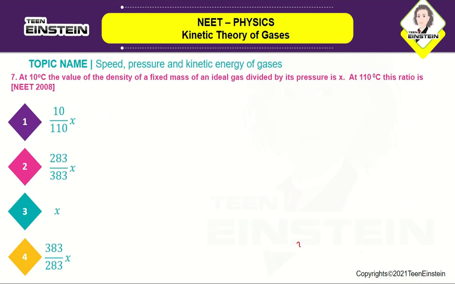At 10 degree Celsius, the value of density of a fixed mass of an ideal gas divided by its pressure is x. At 110 degree, the ratio is, so they want us to find out the ratio at 110 degree. So here density is rho is equal to mass by volume.